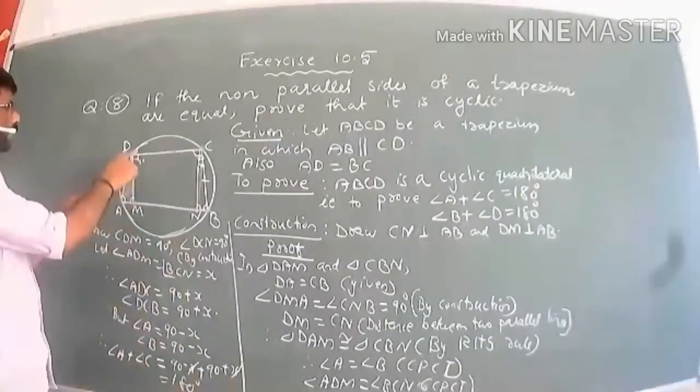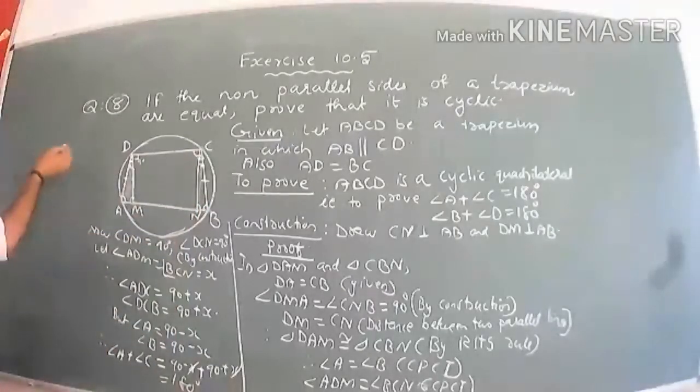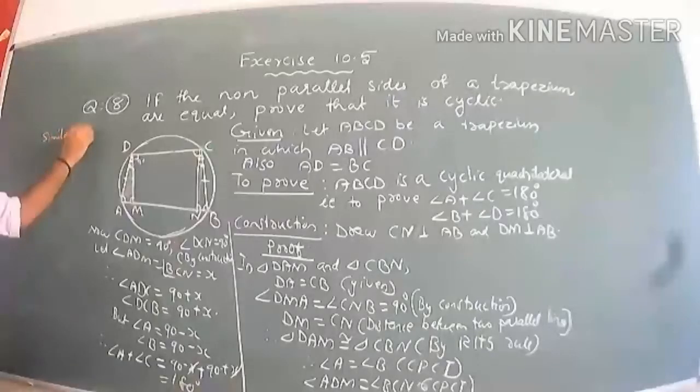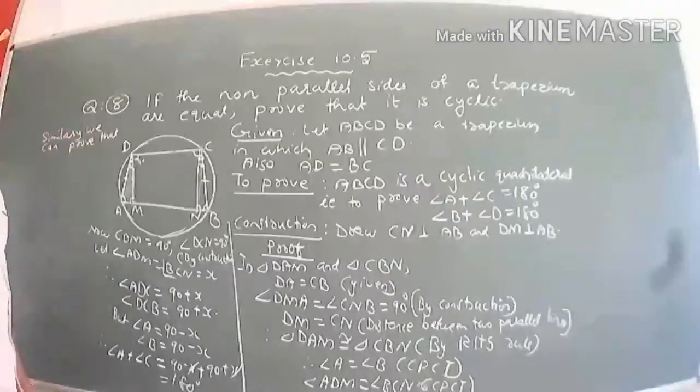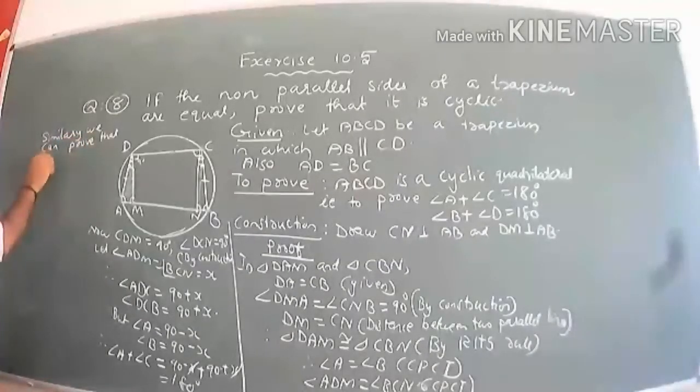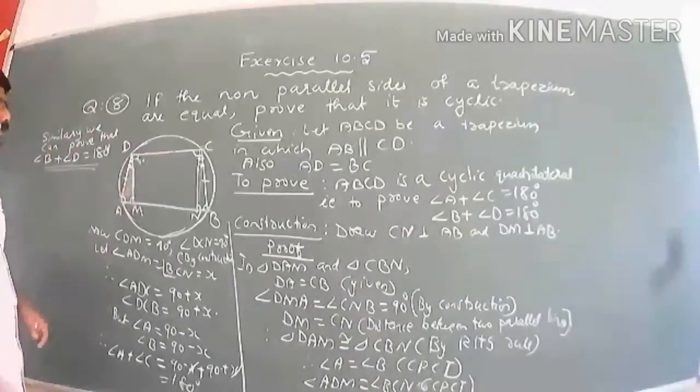So we have proved angle A plus angle C is 180 degree. Similarly, we can prove that angle B plus angle D is also 180 degree. Therefore, we have proved that the sum of opposite angles is equal to 180 degree.